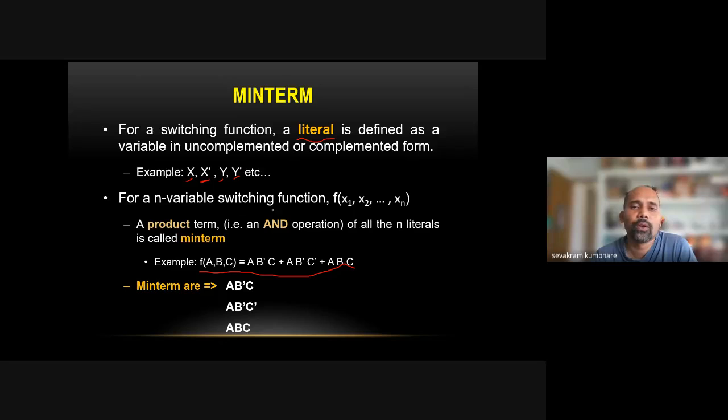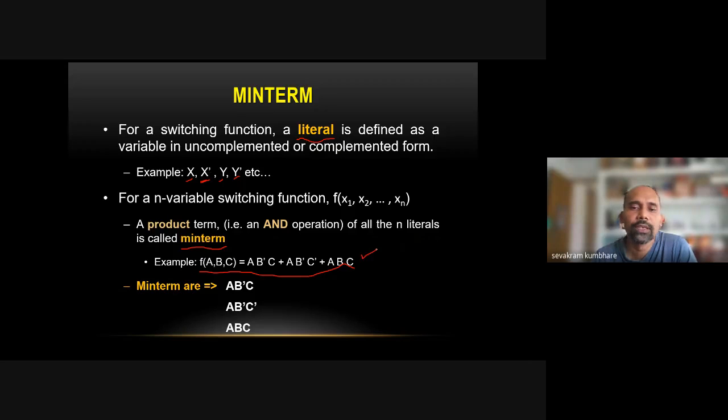Then for an n variable switching function f of x1, x2 up to xn, the product term, that is an AND operation of all the n literals, is called minterm. This is the definition of minterm.